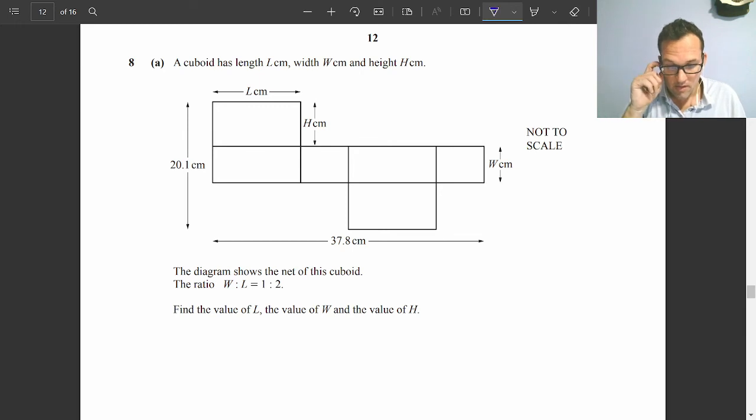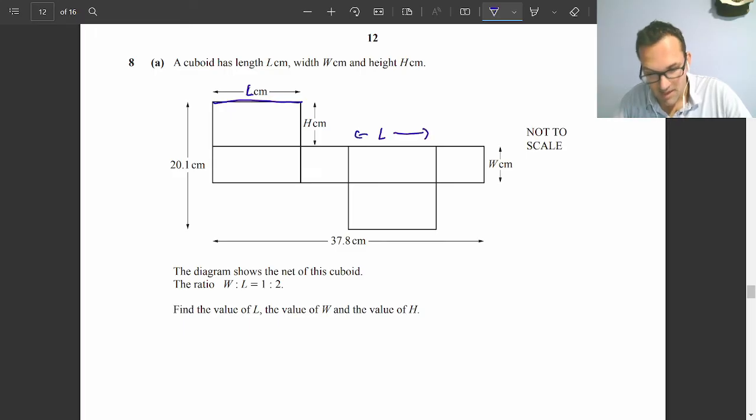All right, the first thing I've recognized here is we can write an equation. Let's start horizontally. This length here, L, would be, not 4L, would be the same as this one. This would be the length of the cuboid from there to there. Then as we fold the cuboid, this side H would fold onto this one.